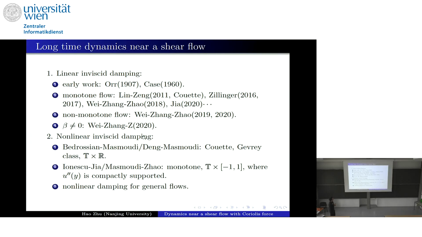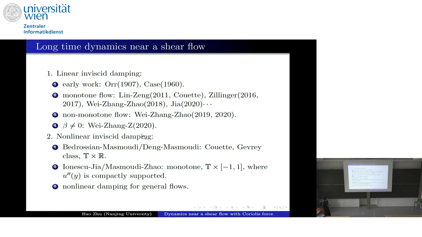Hao and Keith mainly observed this for the Couette flow, whose profile is U(y) equal to y, and for some kind of monotone flow.